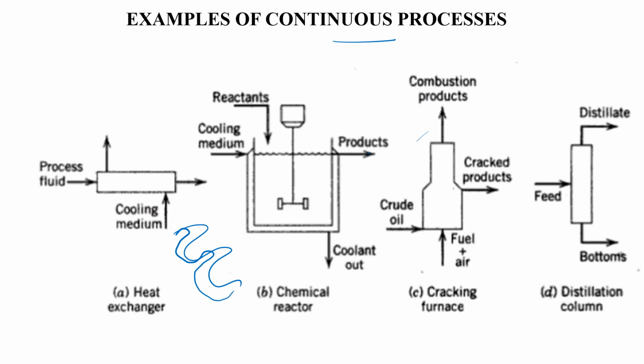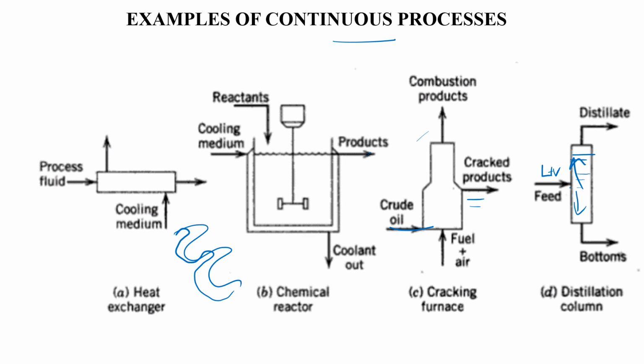And then here, the combustion process. Here the crude oil is given, and fuel plus air is used for combustion. After this, we get different products, so we can continuously extract the products. Here also is a distillation column, which has many plates. If you give the feed, it has liquid and vapor. The vapor passes up and the liquid comes down.